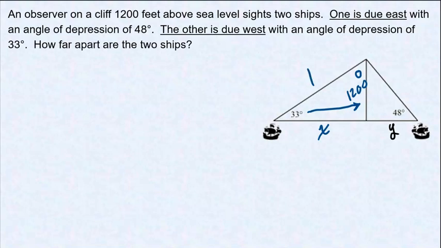Across from the right angle is H, or the hypotenuse, and this is adjacent. Now I'm going to label the other side, and when I draw the angle, straight out, I have O. Across from the right angle is H, and this is A.